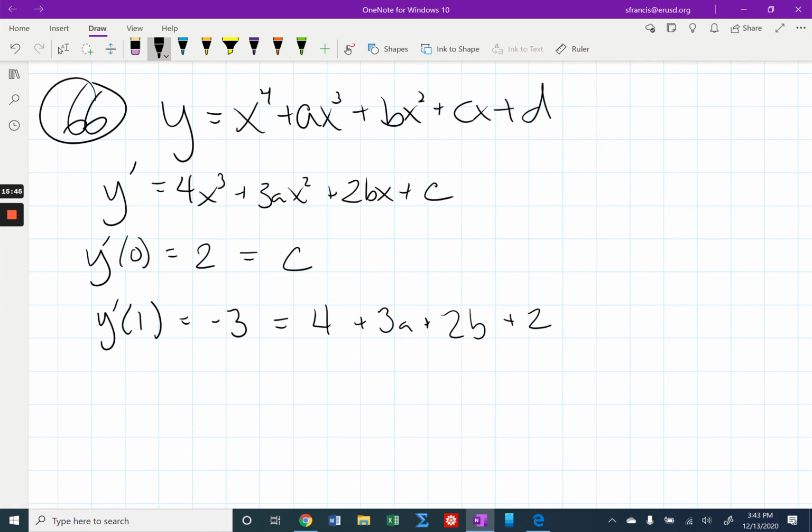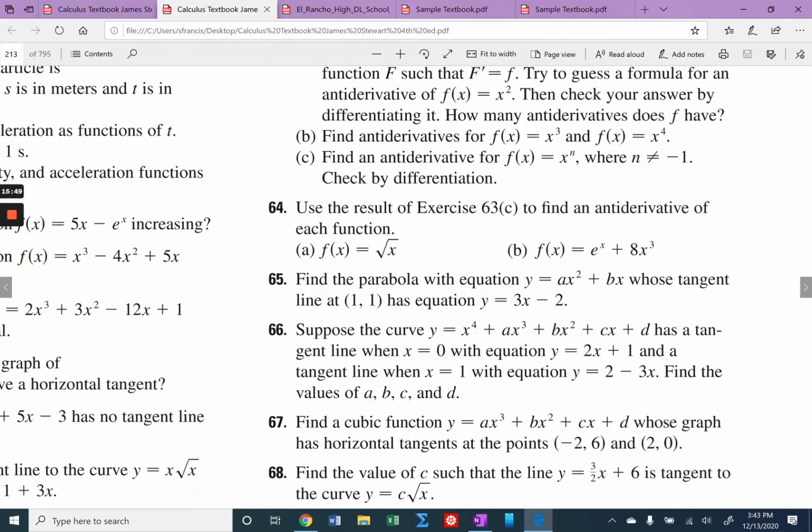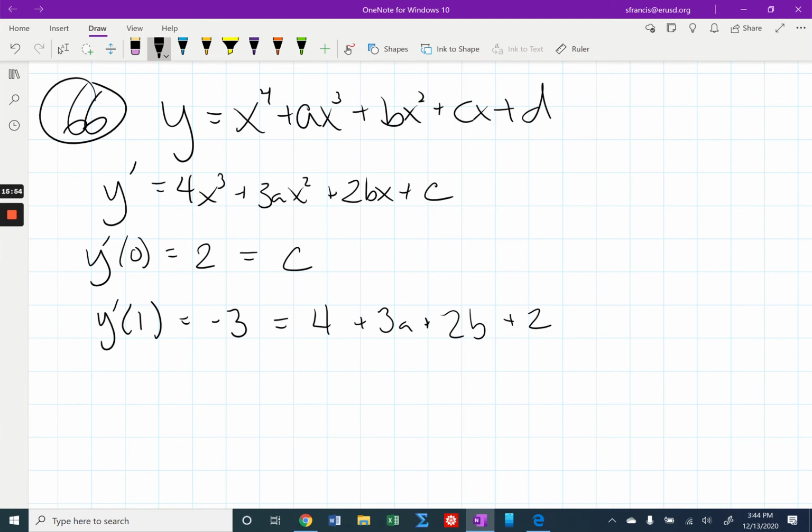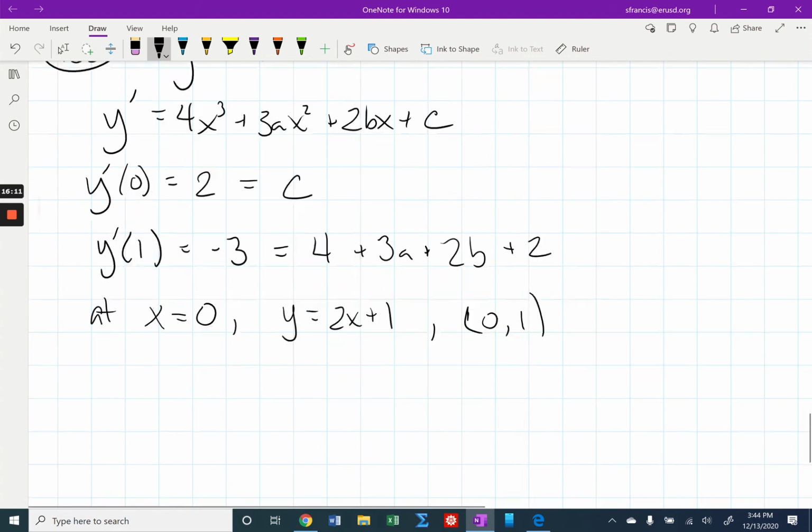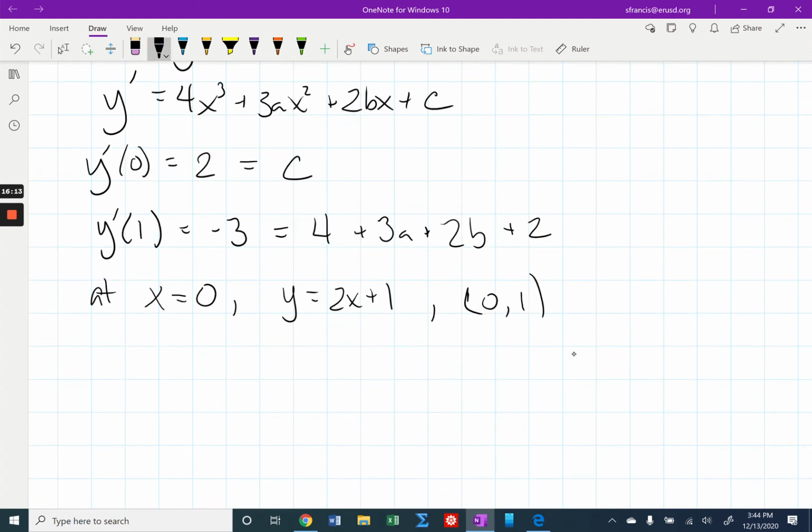I'm going to use one other fact. The tangent lines intersect the curve at the point of tangency. So at x equals 0, if the tangent line is y equals 2x plus 1, then if I plug in 0 for x, the point (0, 1) is on the curve. Let me repeat that. If you look at a tangent line, let's say this is the curve.